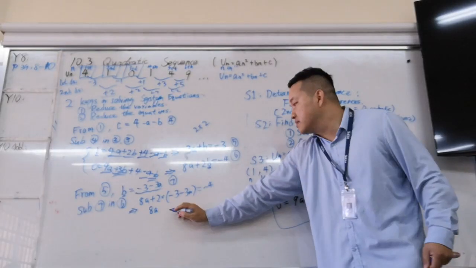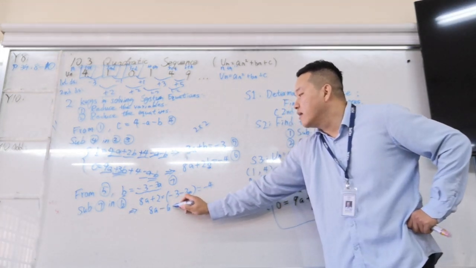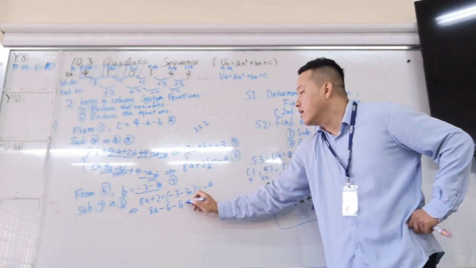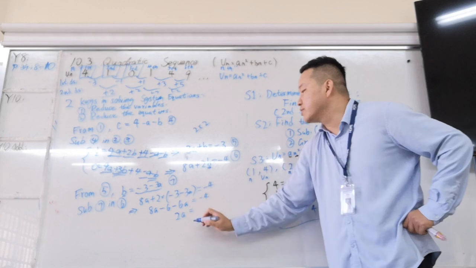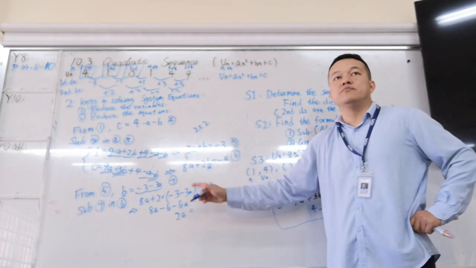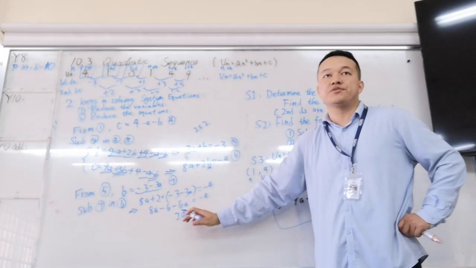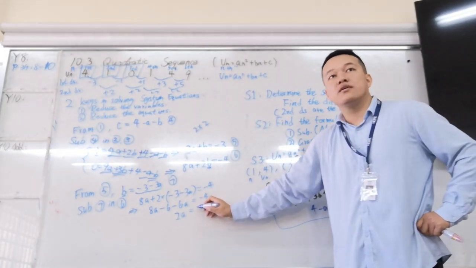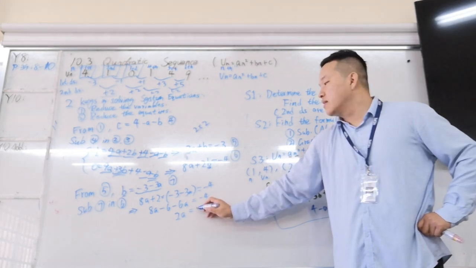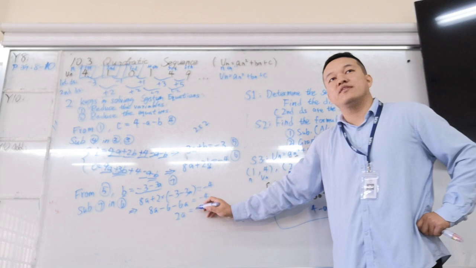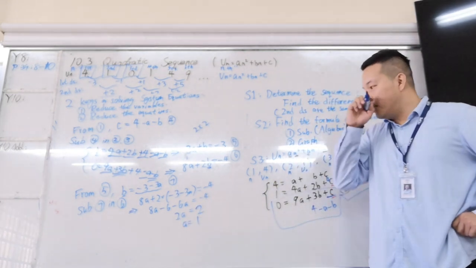Just expand the brackets: 8a equals minus 6 minus 6a. So 2a is equal to... you move 6 to the other side. Plus 6 on both sides gives 2a equals positive 2. A is equal to 1.